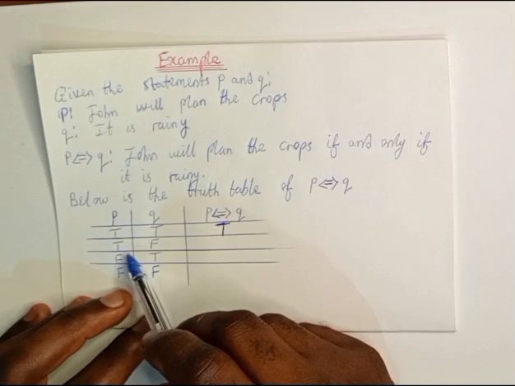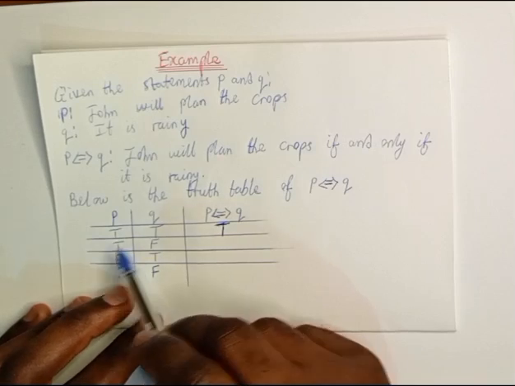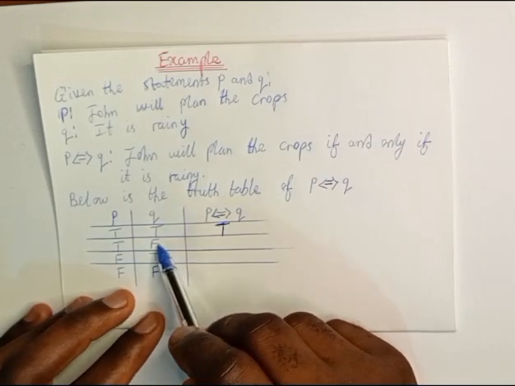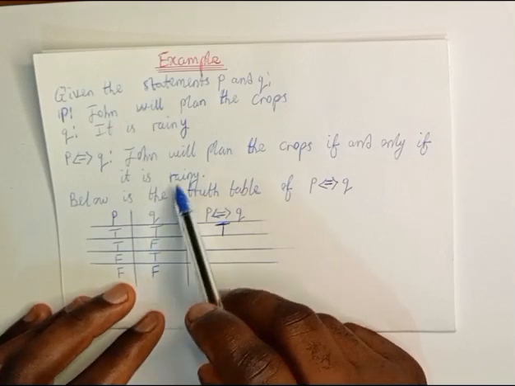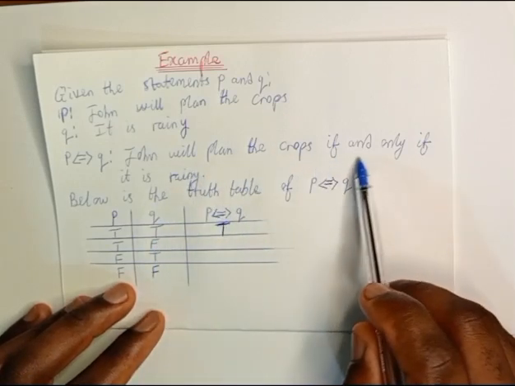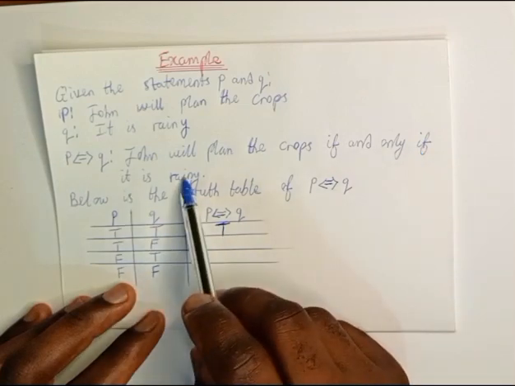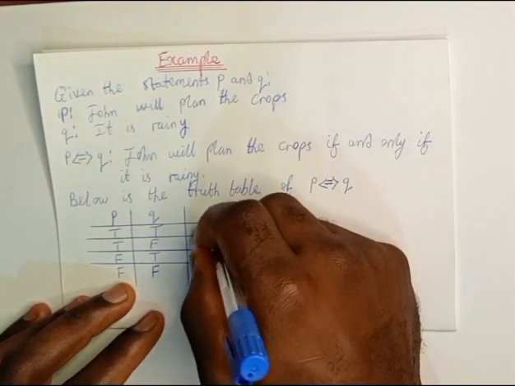Next, John will plant the crops is true. It is raining is false. The biconditional statement, John will plant the crops if and only if it is raining, is false.